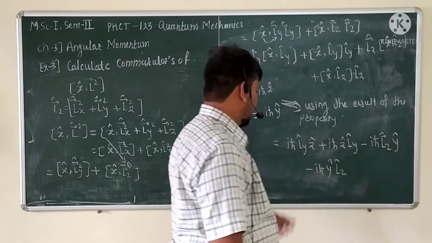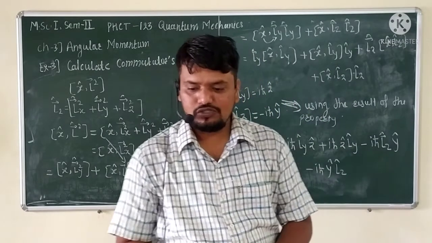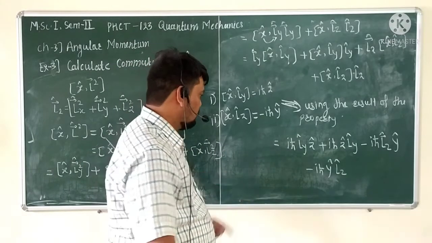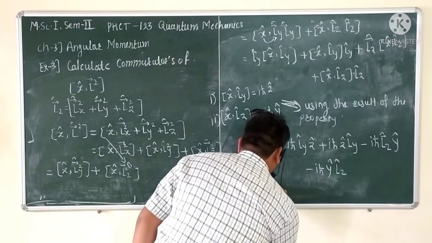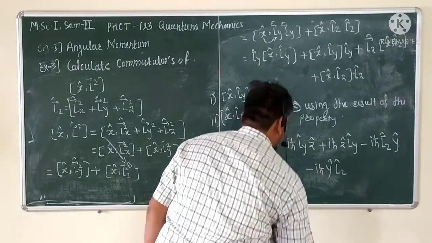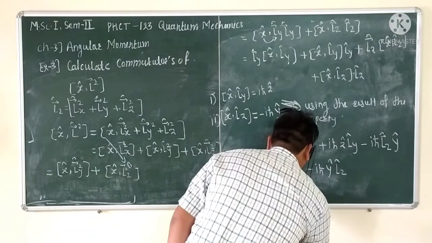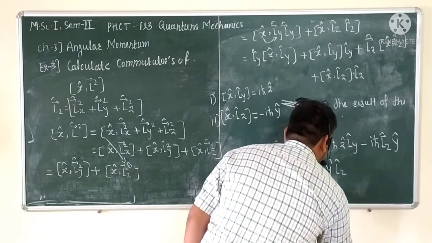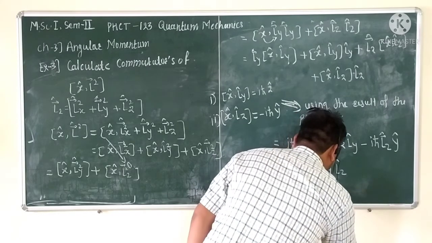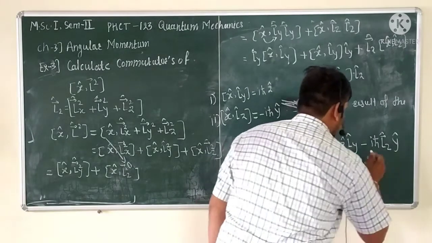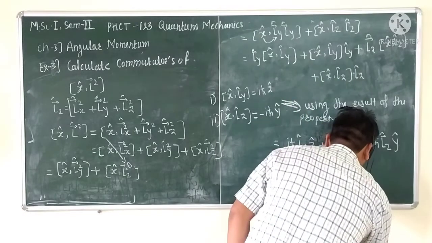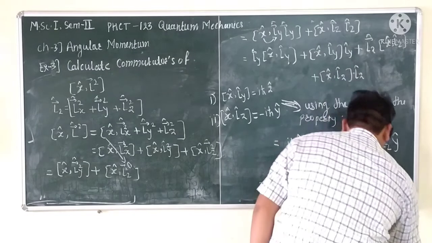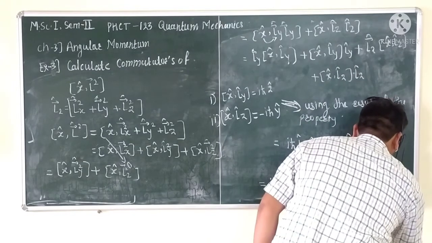Okay, and if we take this i h cross outside, the final result will be i h cross outside, commutator bracket of Ly cap z cap plus z cap Ly cap minus this Lz cap y cap, and minus this y cap Lz cap.